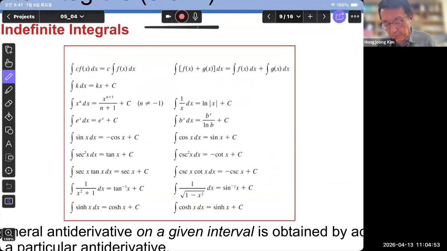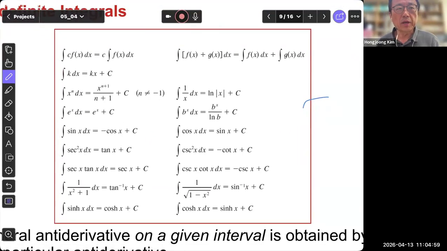And this is the repeated version of table 1 of section 4.9. We already considered most of them, so you should be familiar with this.